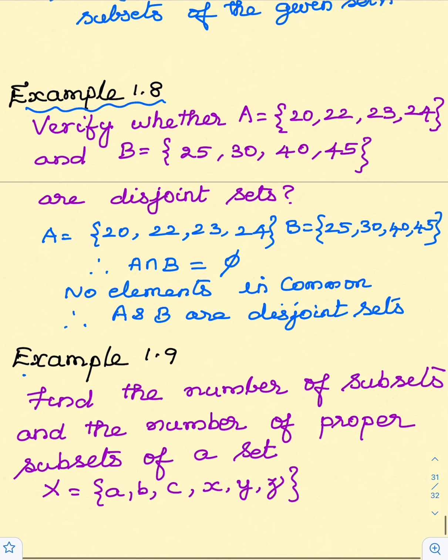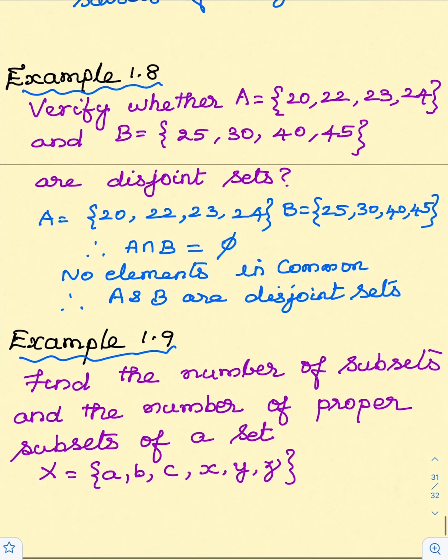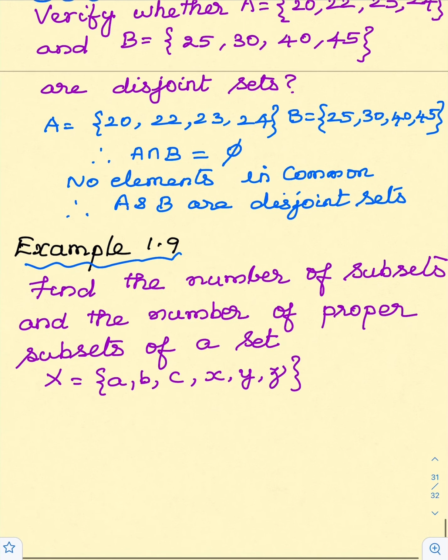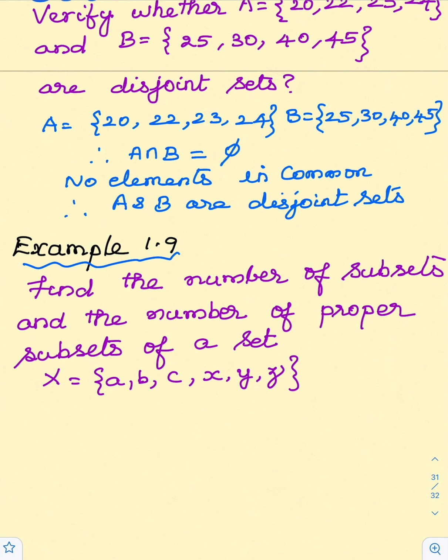Next we go to example 1.9. Find the number of subsets and the number of proper subsets of a set. So, from example 1.9, we have to find the number of subsets. So, let us take down and write the given set.